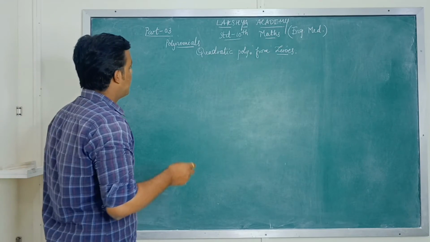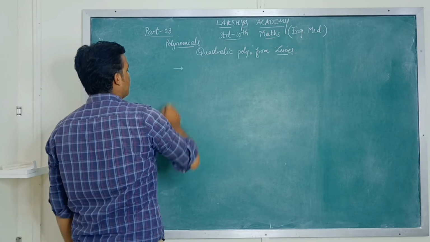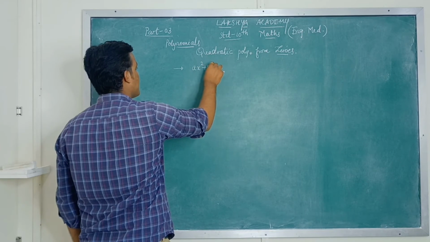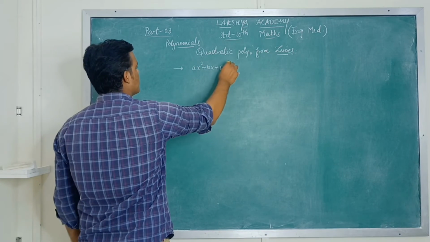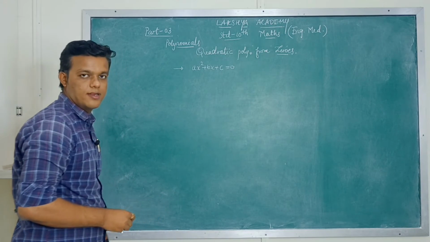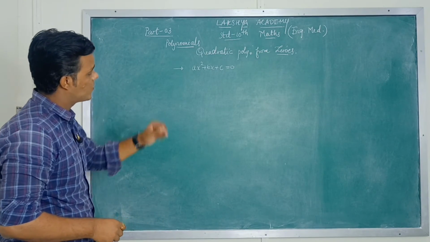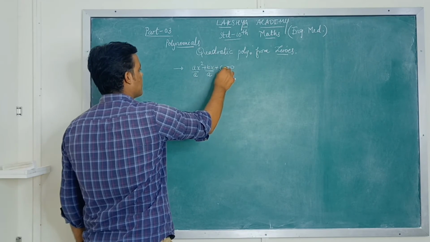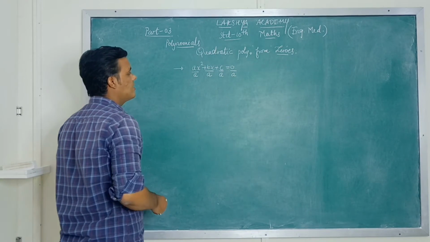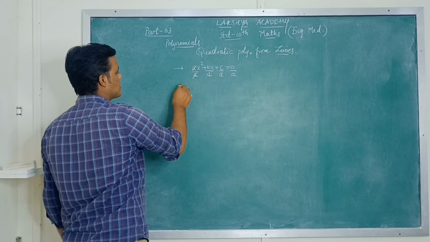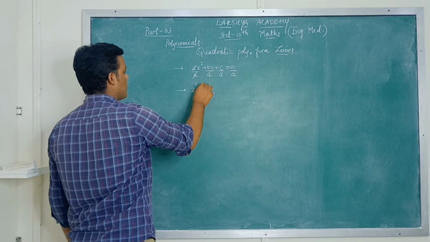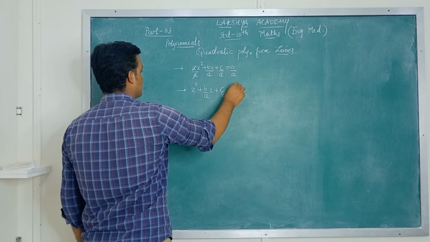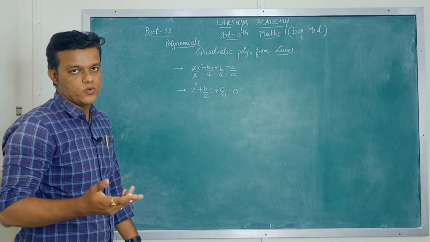Right, let's write the general form of a quadratic polynomial, which is ax square plus bx plus c equals 0. Now let's divide this equation by A. So here A will cancel out, it will be x square plus b by a x plus c by a equals 0. 0 by a is 0 only.